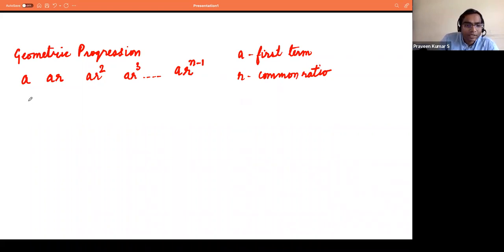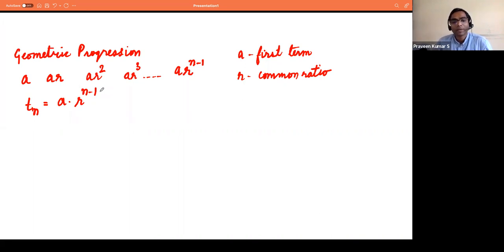So in the geometric progression, the nth term would be a into r power n minus 1. If n was equal to 1, the first term will be equal to a into r power 0. R power 0 will become 1, so you will get a. Second term, n is equal to 2: you will write a into r power 2 minus 1, so that will be equal to a into r, and so on.